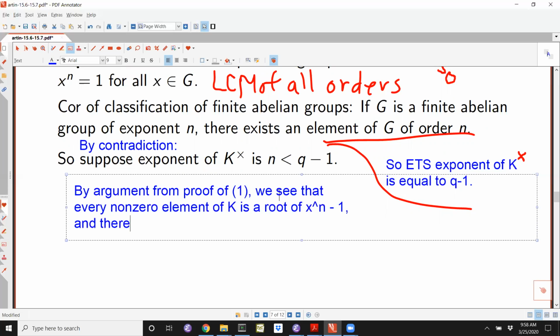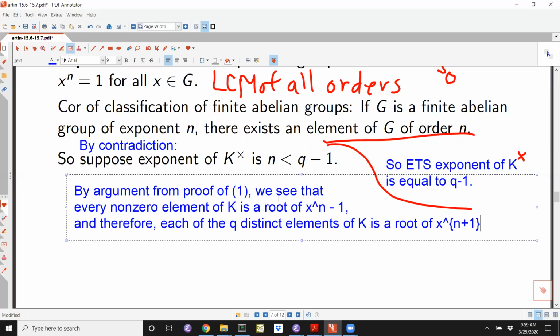And therefore, by the same argument, each of the q distinct elements of the entire field K is a root of x^(n+1) minus x.